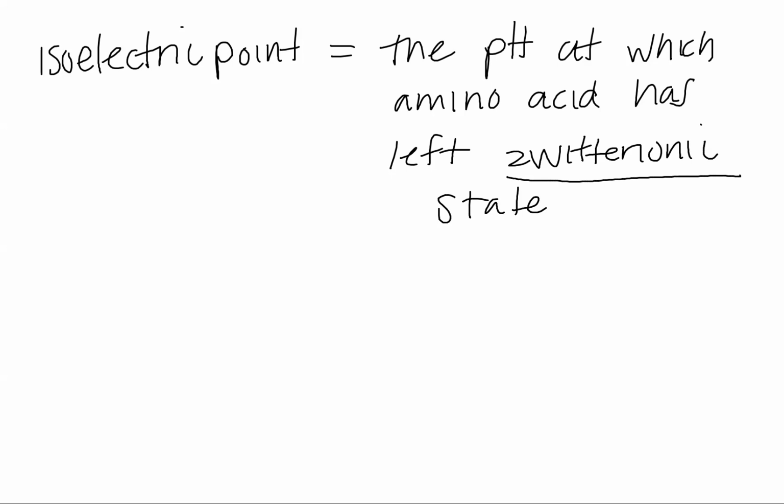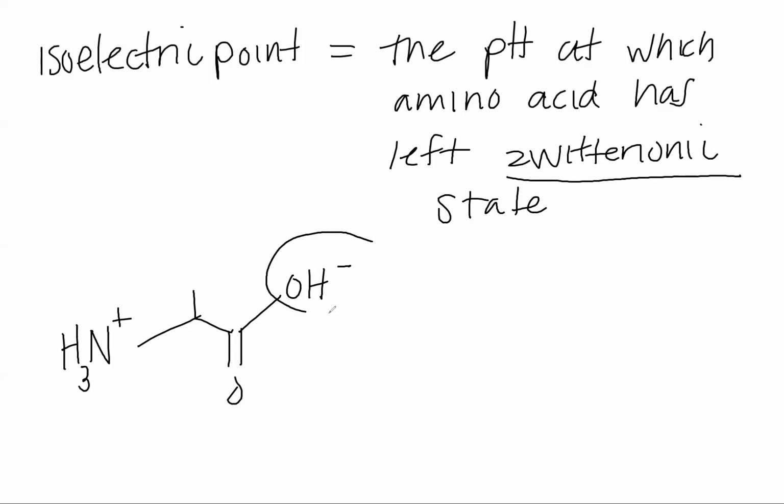Okay, so an isoelectric point is the pH at which an amino acid has left that zwitterionic state. So when we're dealing with amino acids, and I believe it's chapter 10, as somebody told me from the last class, I just want to stress that a zwitterion, remember, you have a minus and you have a plus.